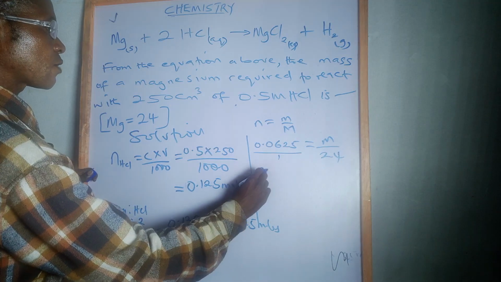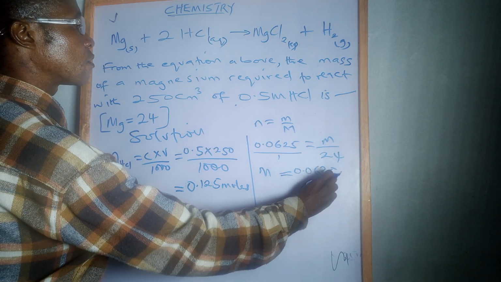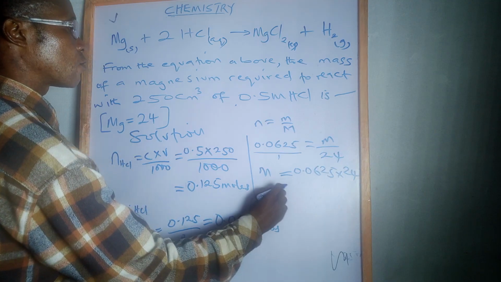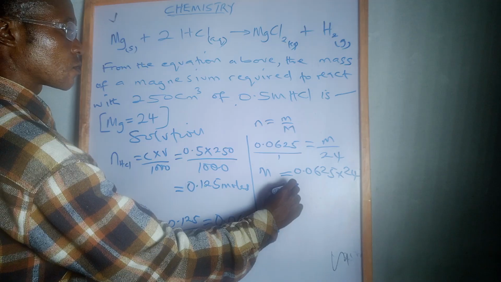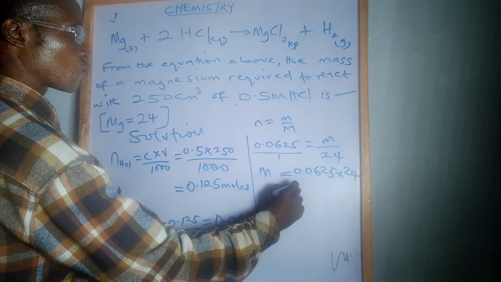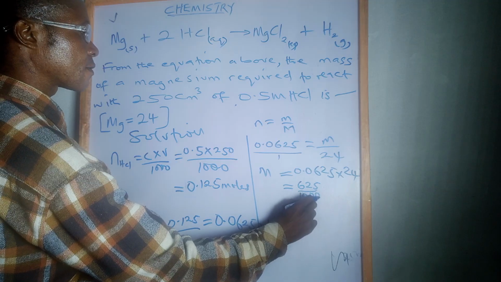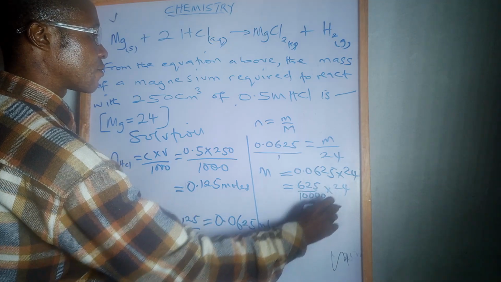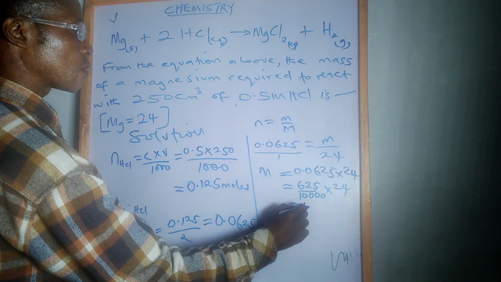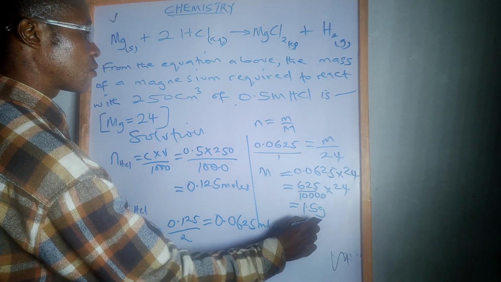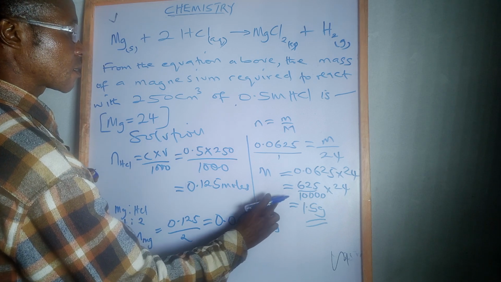By the time you cross multiply, mass is equal to 0.0625 multiplied by 24, and if you do it very well, you're going to get 1.5 gram. That is the mass of magnesium.